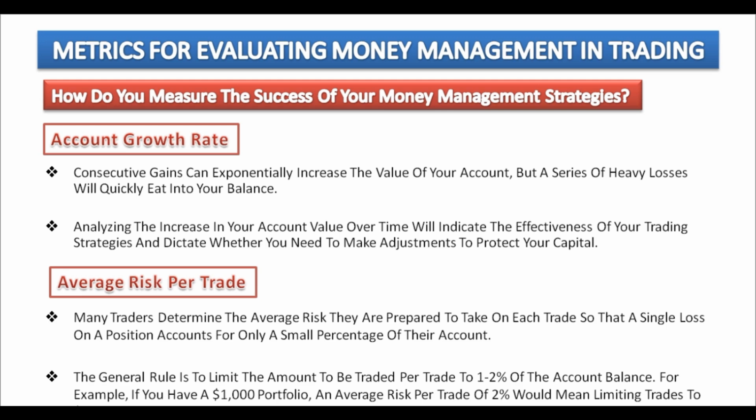So the general rule is to limit the amount to be traded per trade to 1 to 2% of the account balance. For example, if you have a $1,000 portfolio, an average risk per trade of 2% will mean limiting trades to $20.